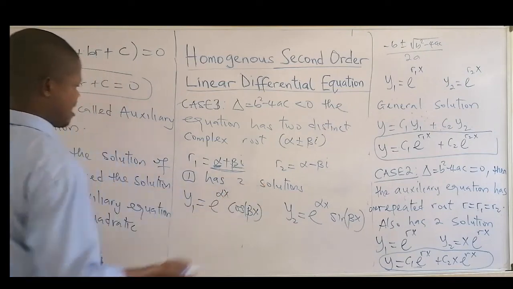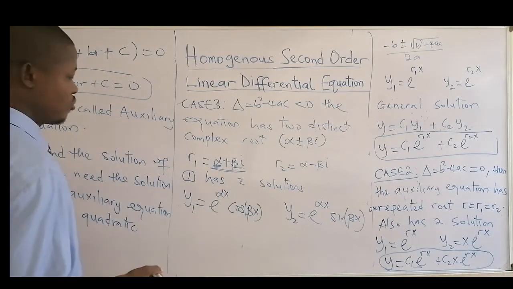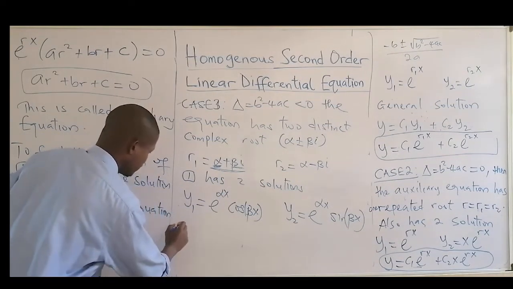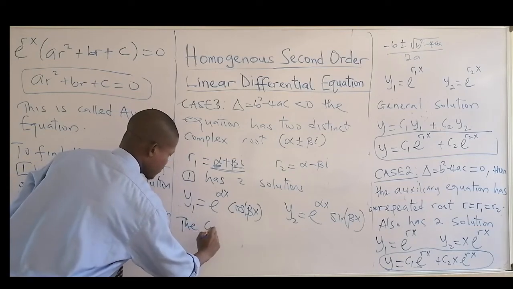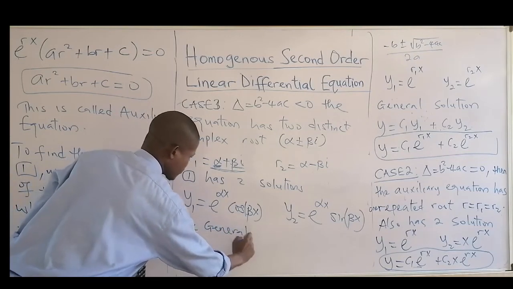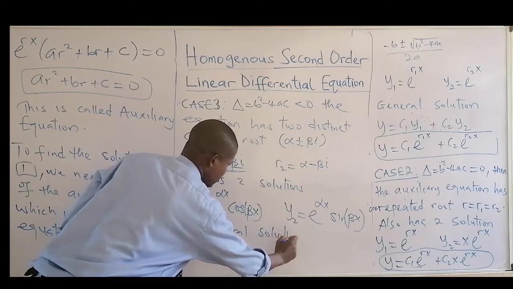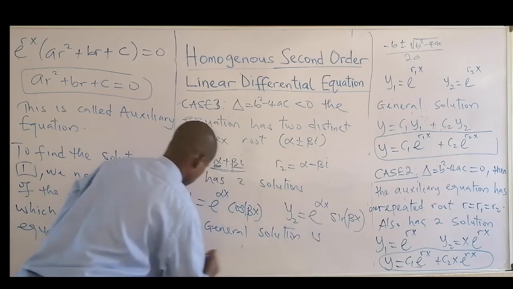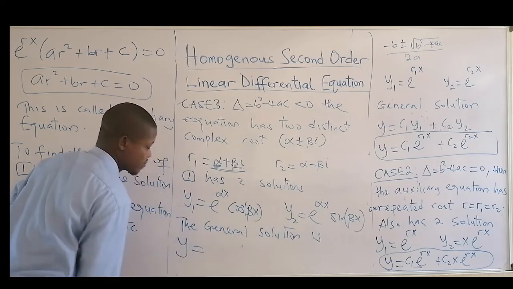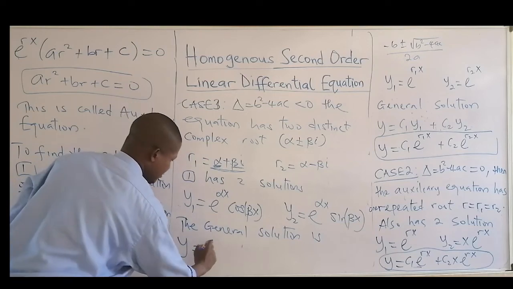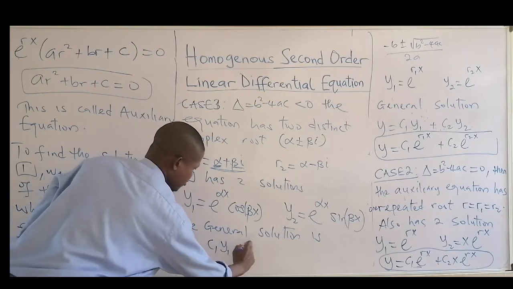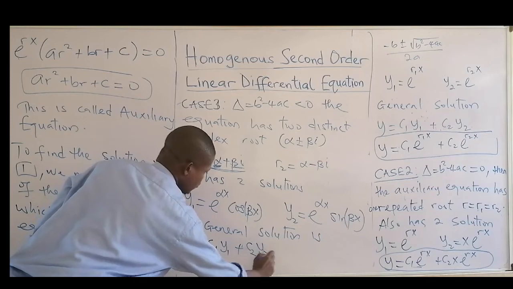Then the general solution for equation one is y equal to c1 y1 plus c2 y2.